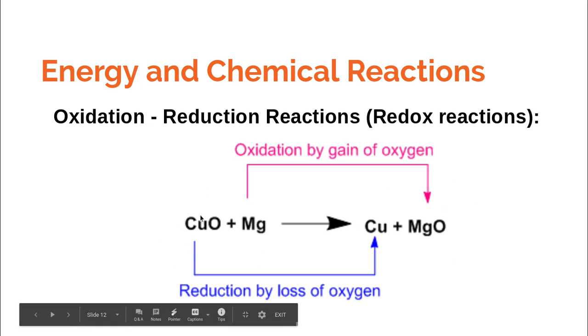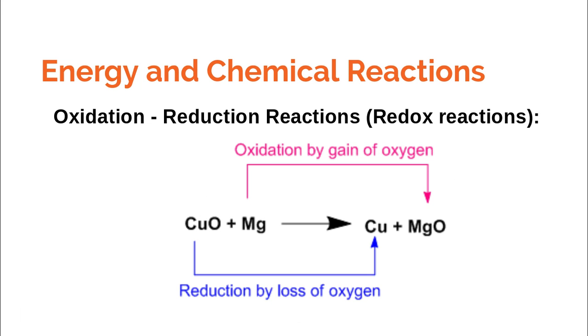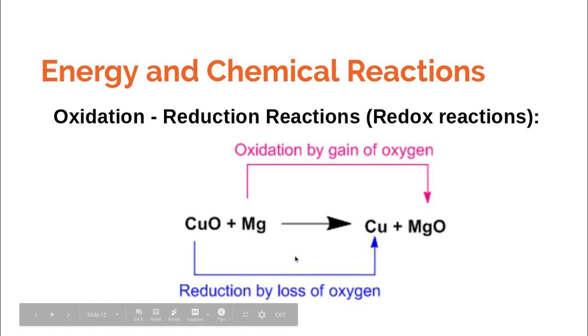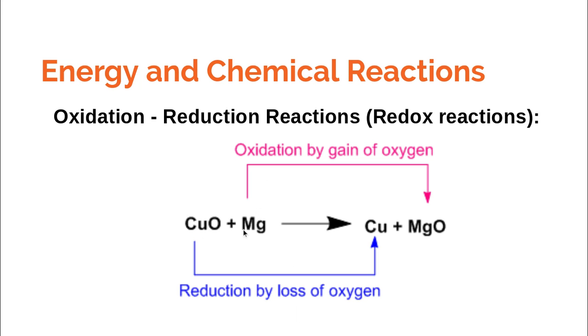So here we have copper oxide. We have a cation of copper, so that's copper plus 2, bonded with an oxygen that is negatively charged, minus 2. So we have a compound here, and then we have magnesium. Magnesium here doesn't have any charge, it's just hanging out by itself.